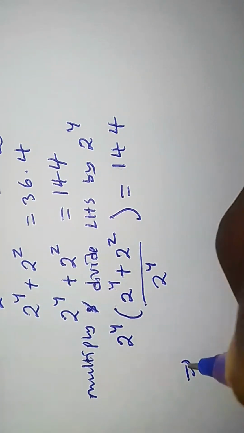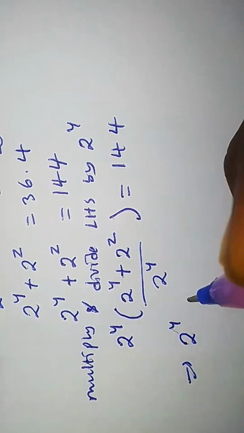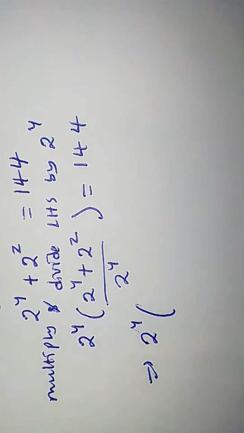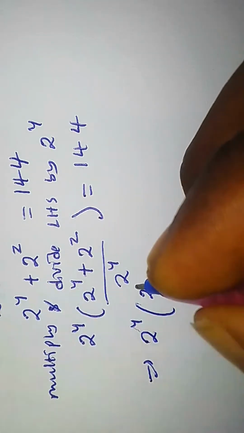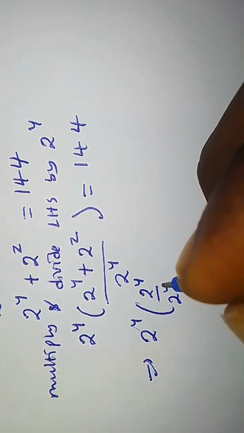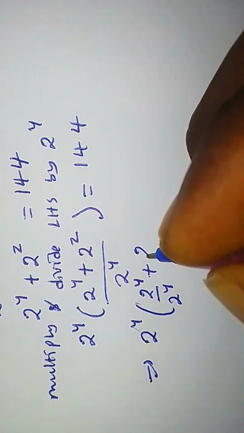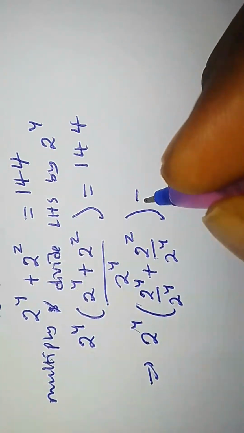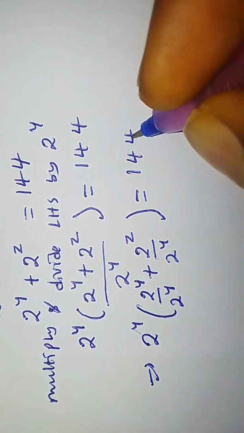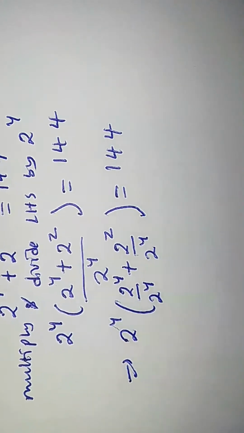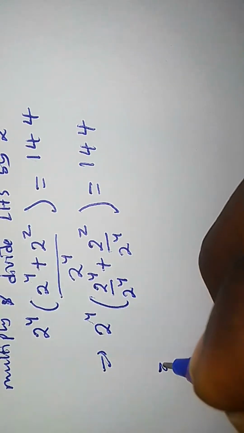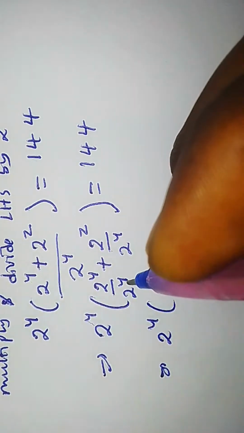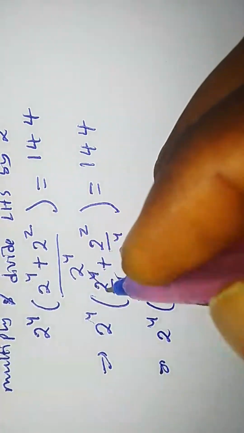So let's continue. 2 to the power of y into this old guy could be written as 2 to the power of y divided by 2 to the power of y plus 2 to the power of z divided by 2 to the power of y equal to 144. This means that 2 to the power of y cancels 2 to the power of y.